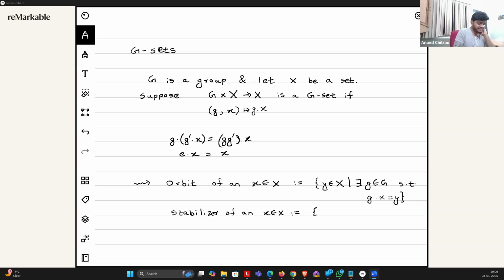This is an action, right? We are letting G act on X by this thing. So what does stabilizer mean? Maybe G X equal to X. Exactly. So the set of all G in capital G such that G does nothing to X. G stabilizes X.